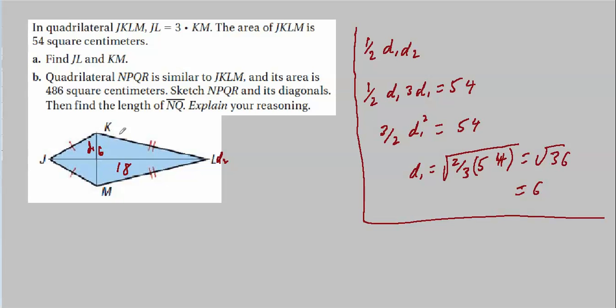Well, sure, because everything moves with the scale factor. The sides get multiplied by whatever the scale factor is. We don't really know what it is. All we know is that the new area is this. And we could find the scale factor by taking 486, dividing by 54, and then taking the square root of that, because the areas move as the square of the scale factor.